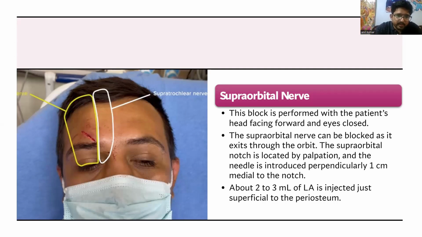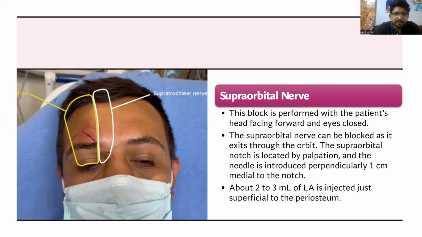We can avoid a lot of injections for this suture. Simply depositing around 2 to 3 ml or 2 to 4 ml medial to the supraorbital notch will give excellent anesthesia and analgesia for this suture line, by blocking the supraorbital nerve.